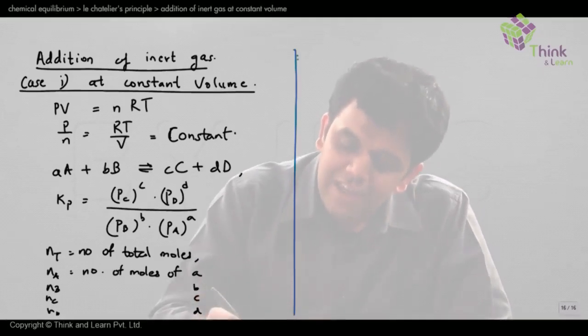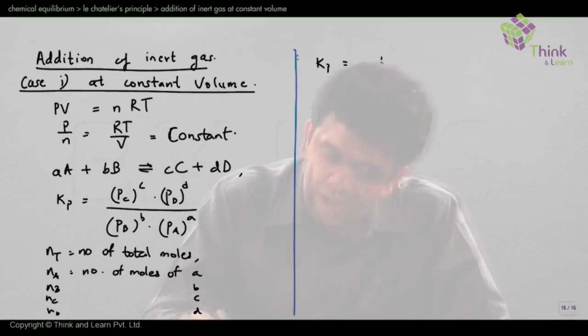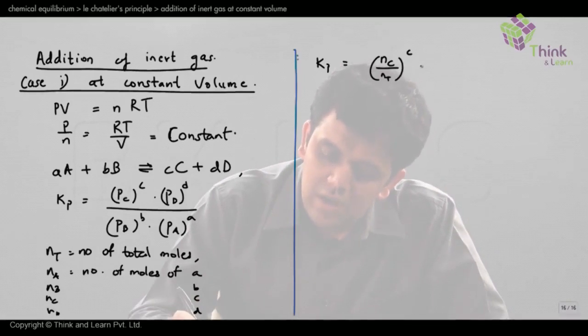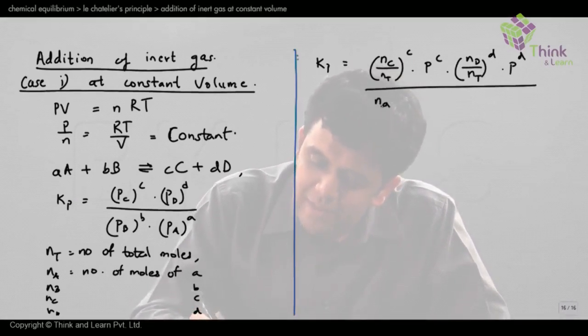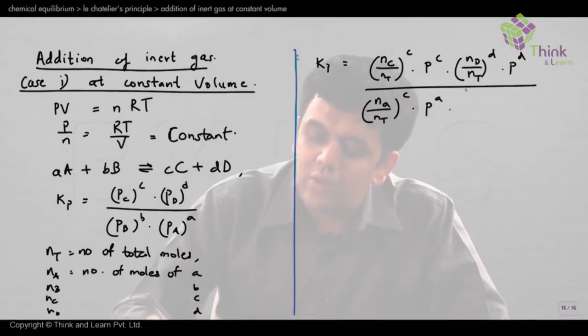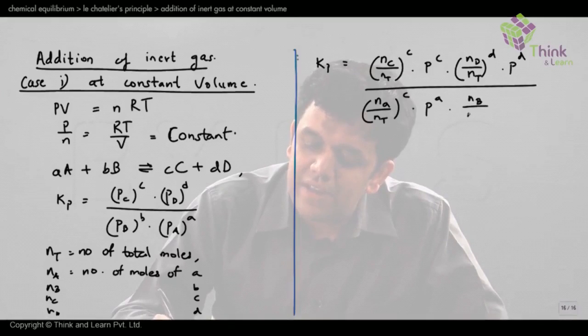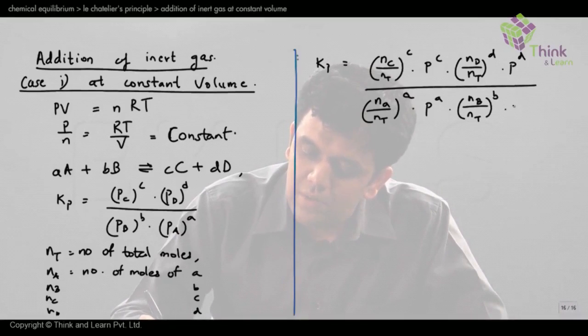Then you will have Kp is equal to Nc by Nt, the whole raised to c, into P raised to c, into Nd by Nt, the whole raised to d, into P raised to d, divided by Na by Nt, the whole raised to a, into P raised to a, into Nb by Nt, the whole raised to b, into P raised to b.